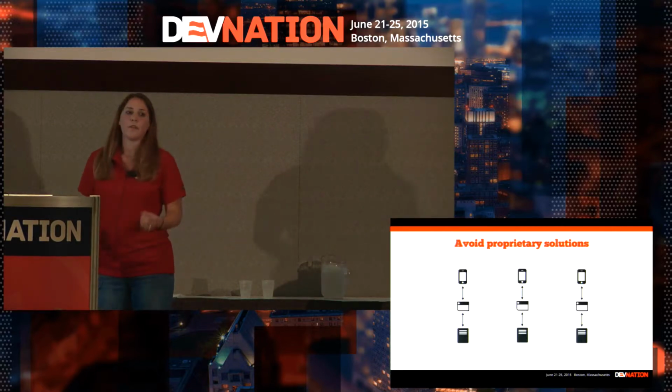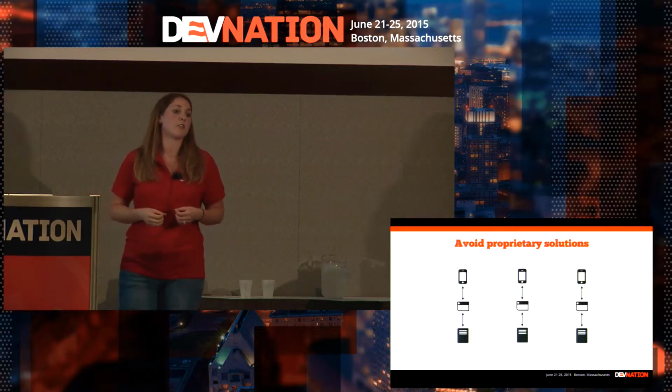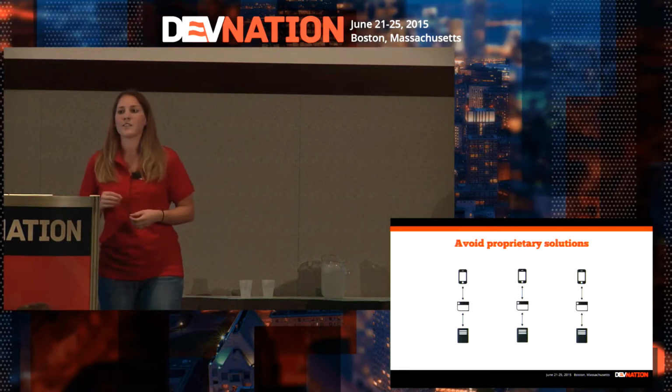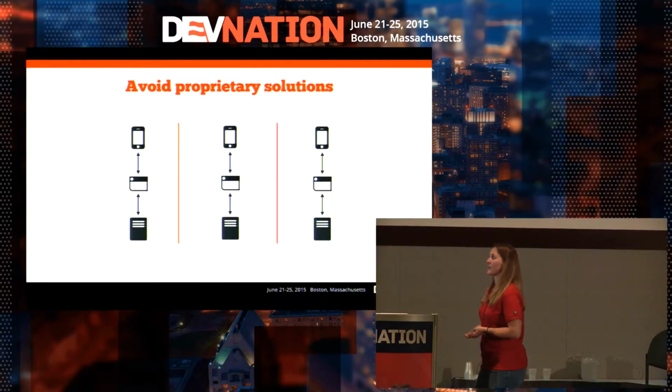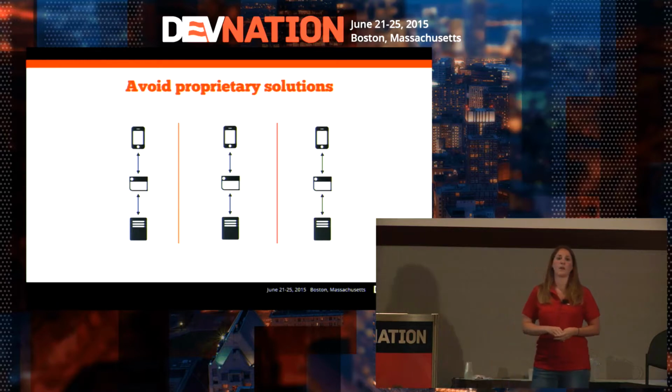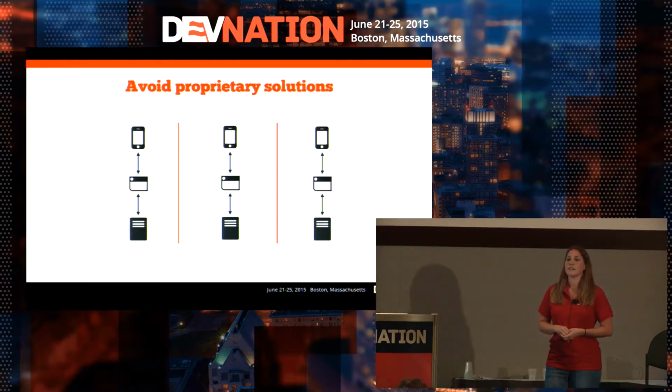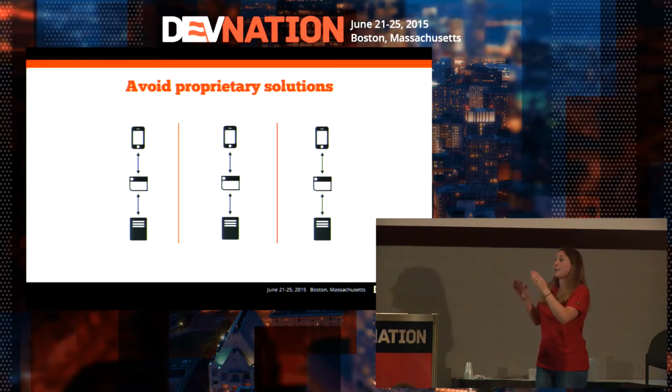Right now, because the industry is new and we're still innovating, we're creating lots of proprietary solutions. So we create all these stacks where you have one company or one set of devices that are able to talk to each other, and that is its own little Internet of Things, but it can't talk to that other Internet of Things, which can't talk to that other Internet of Things.